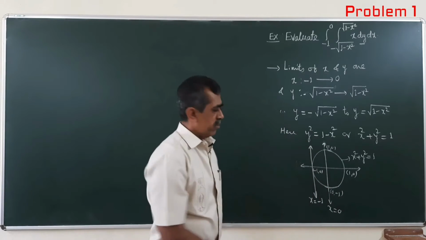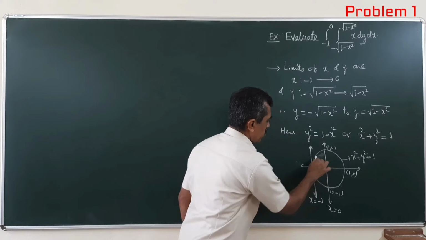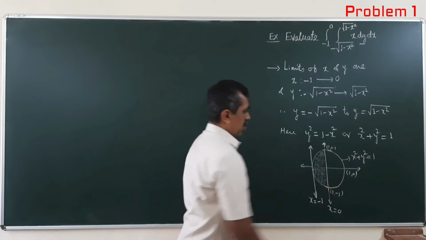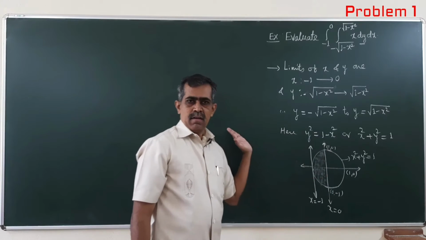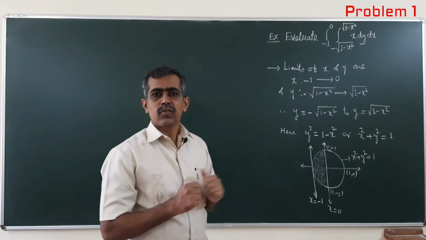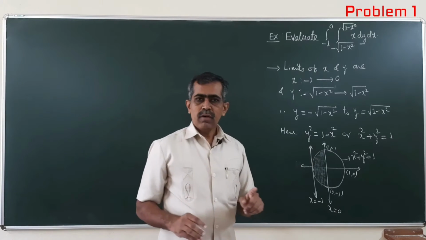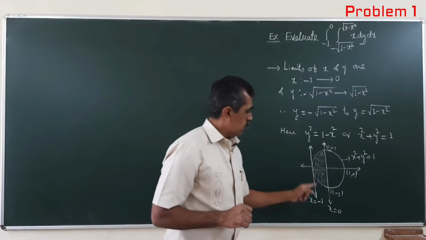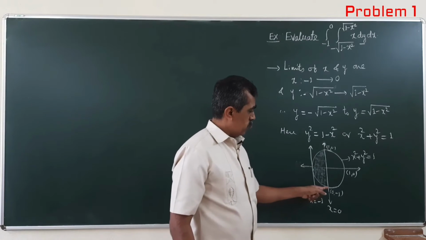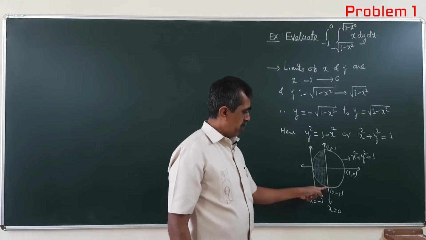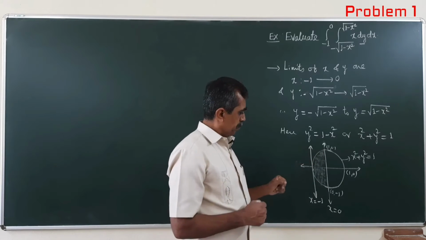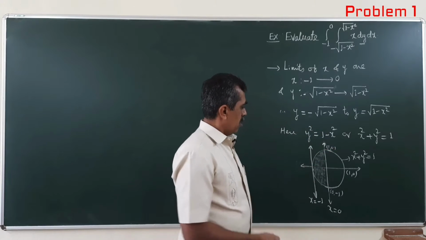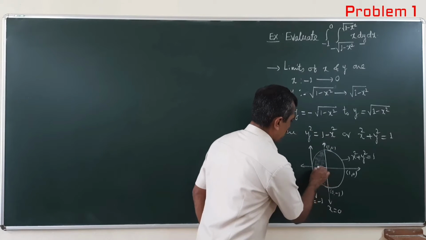This portion: the semicircle to the left of the y-axis is the region of integration here. So y runs from this point to this point, this portion of the circle to this portion of the circle. This is the domain of integration.